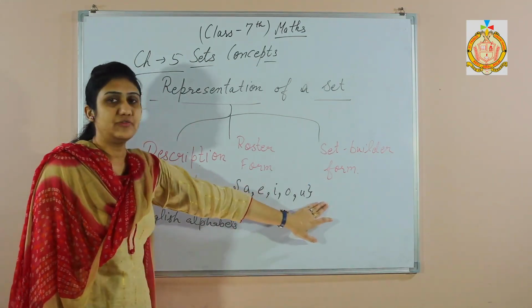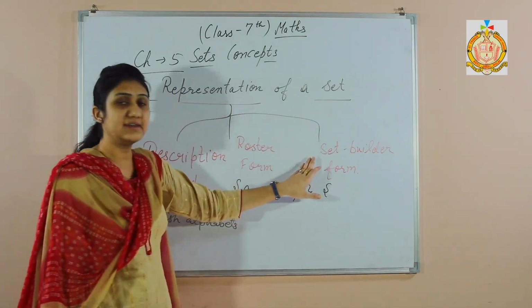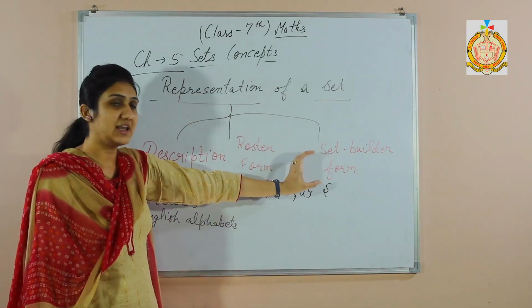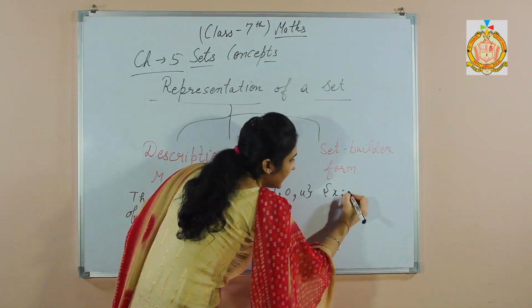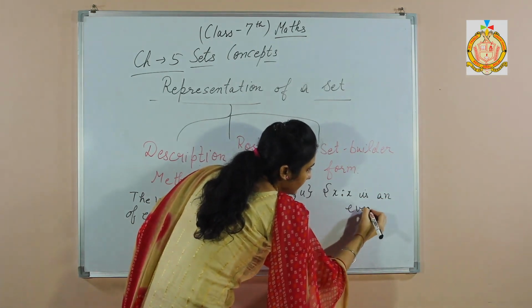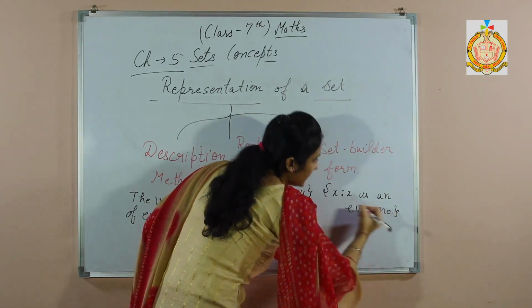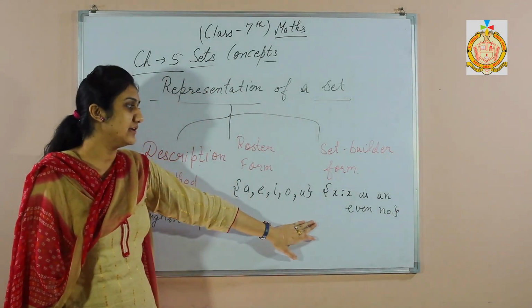And in set builder form, it is written as a rule which the elements must satisfy. For example, x such that x is an even number. This is the way to write the set in set builder form.